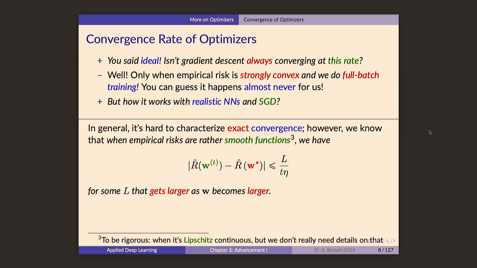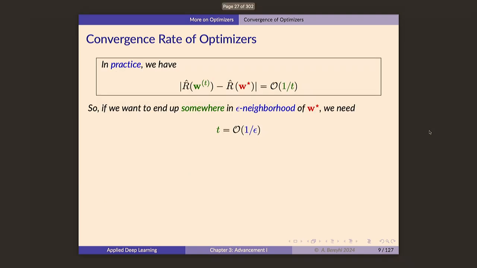But all of them, as I said before, are not important. The important thing is t here, which is now in the denominator. So basically the order is now 1 over t, and let us check what's going to happen if I want to get into an epsilon neighborhood of my optimal point.